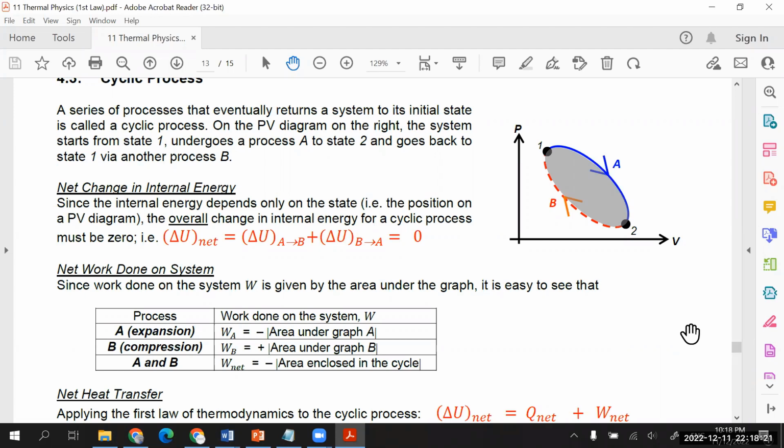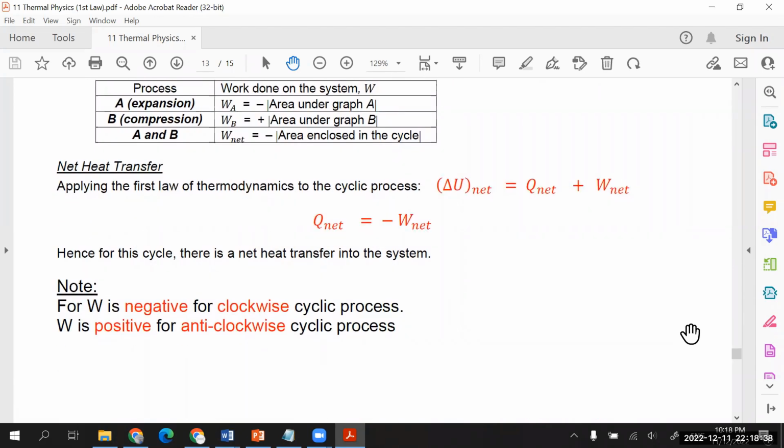From 2 to 1 via B, the work done is positive. And the area under A is larger, so therefore the net work is negative. So we say that W is negative for a clockwise cyclic process and W is positive for an anti-clockwise cyclic process.